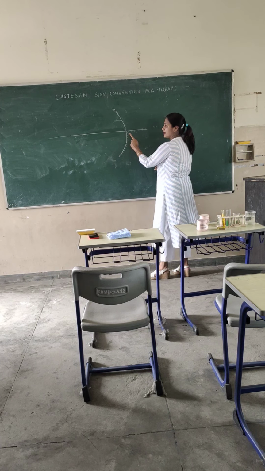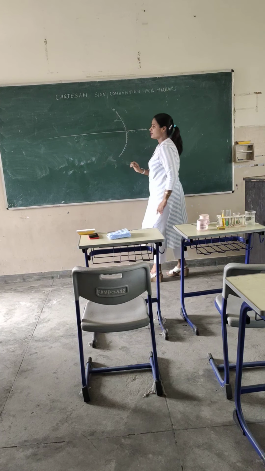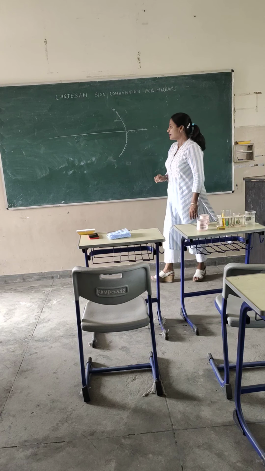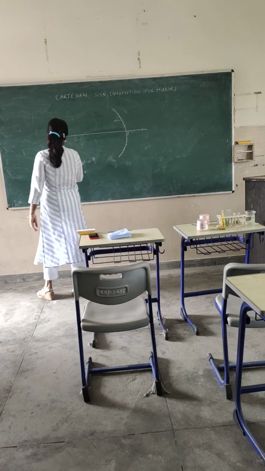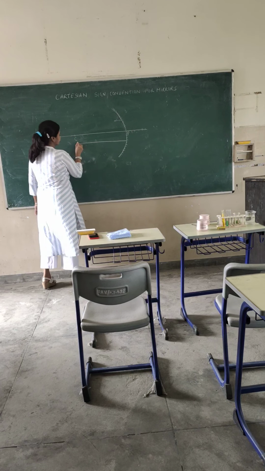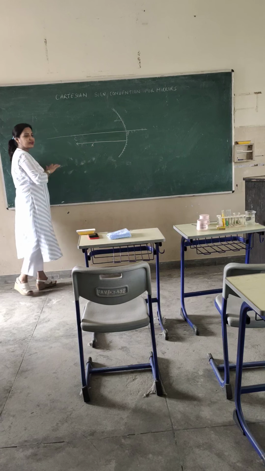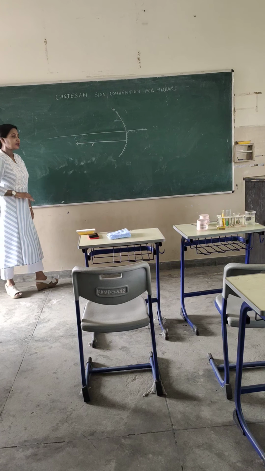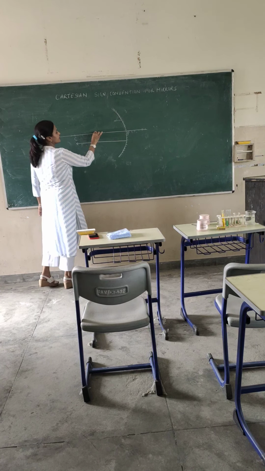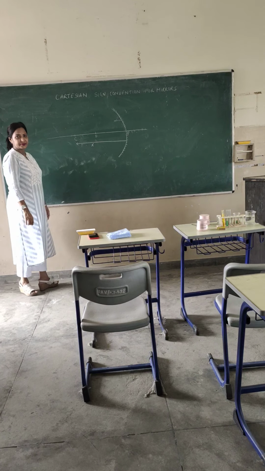Pole, denoted by capital P. This distance between the center of curvature and the pole is known as the radius of curvature, denoted by the letter R. This is R. Suppose you have taken the radius of curvature as 10 centimeters, then we will mark the focus at 5 centimeters. This is the focus.